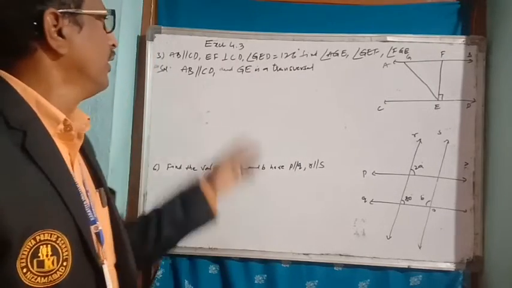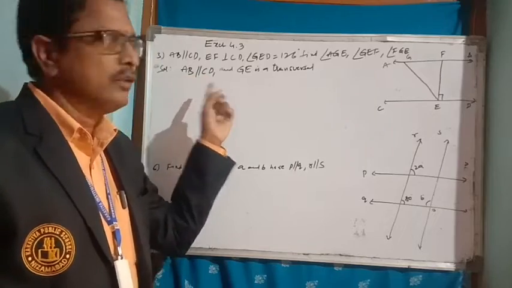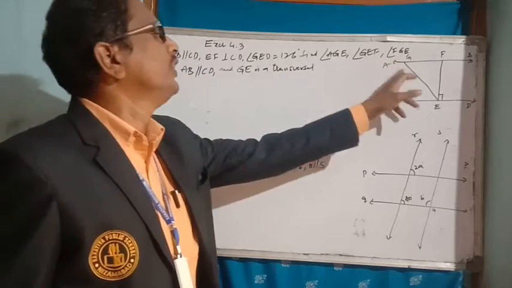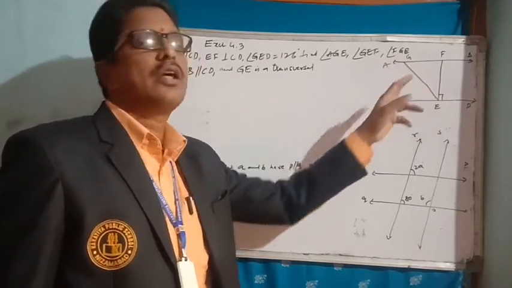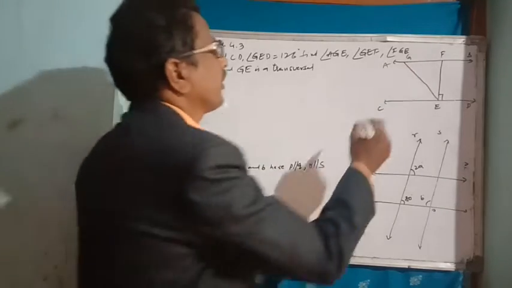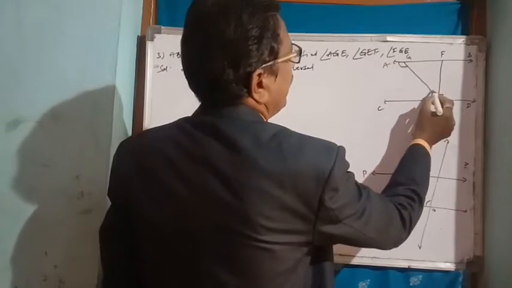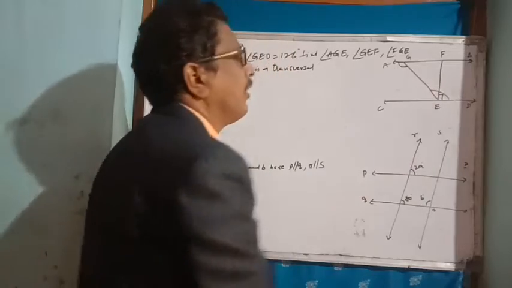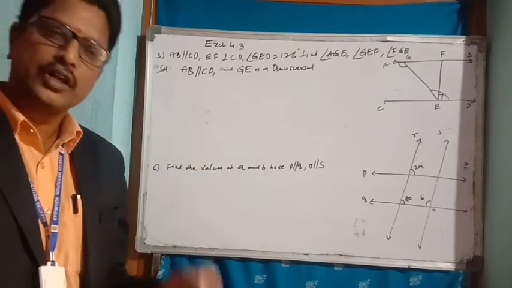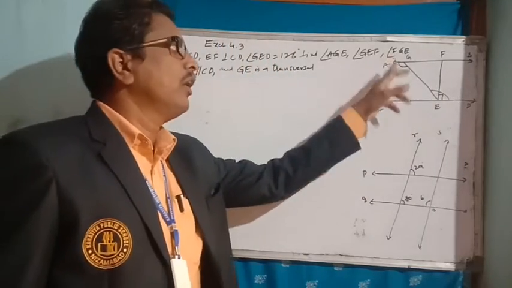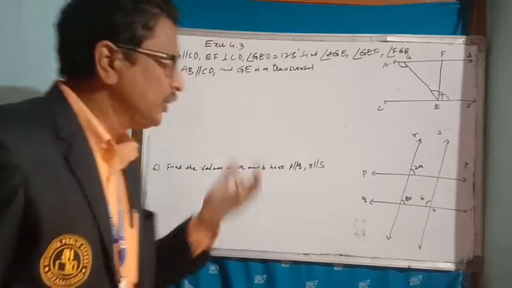If a transversal cuts two parallel lines, then these two angles are called alternate interior angles. What are the alternate interior angles? This angle and this angle. Those are equal. If lines are parallel, alternate interior angles are equal.